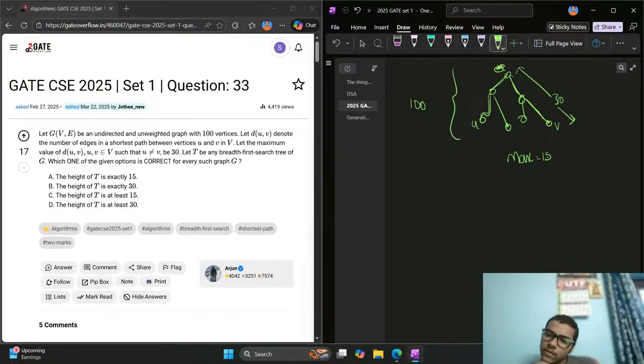Max is equal to 15. So height. If you take this as V, right? It will be 1, 2, 3, 4, 5. Can it be greater than 15?